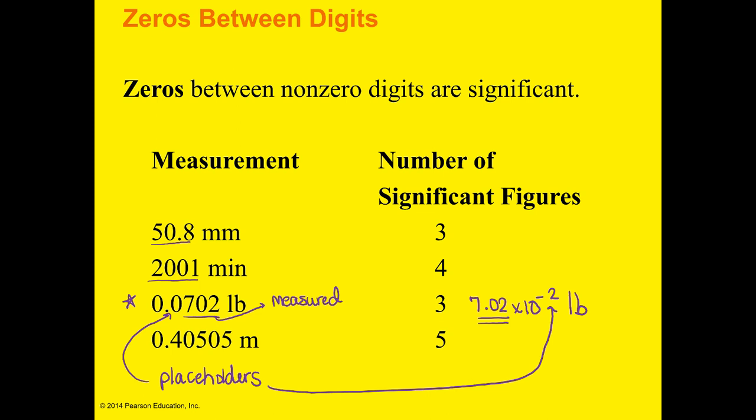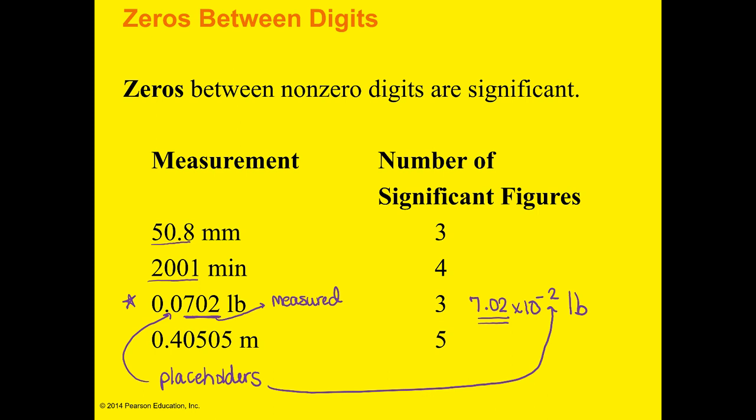This is going to come up later as we start to do some calculations, but those initial zeros that are absorbed into the exponent are not significant. Another way of telling you this, as an official rule, is that if the zero is shown and there's not another digit out in front of it, it's not significant.